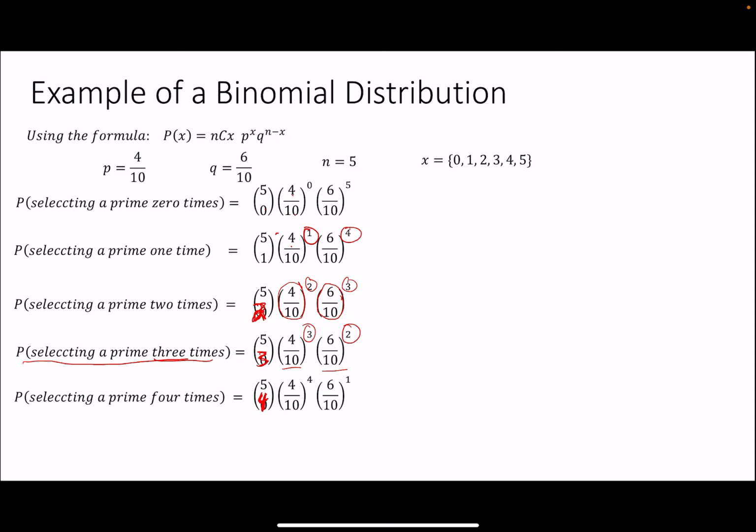And it's probability of success, 4 successes, 1 failure. And then finally, selecting prime 5 times. 5 choose 5, paths to success of 5 times. And then 4 over 10, probability of success to the power of 5, multiplied by probability of failure to the power of 0.